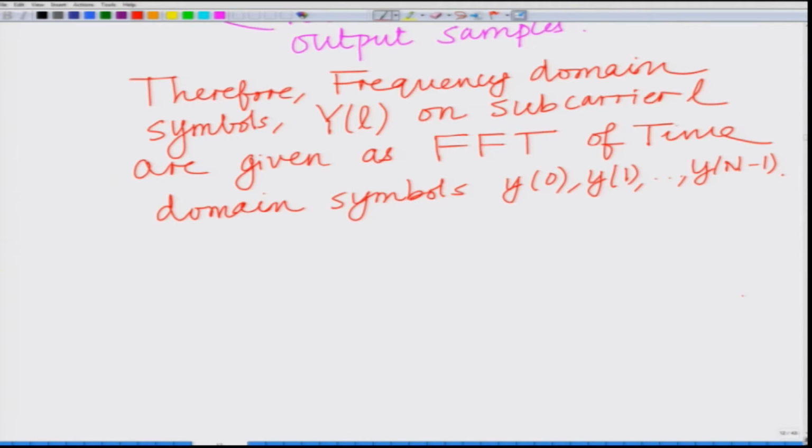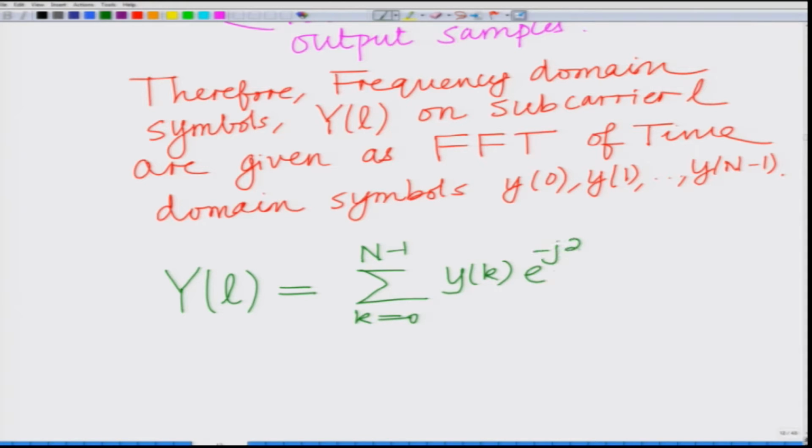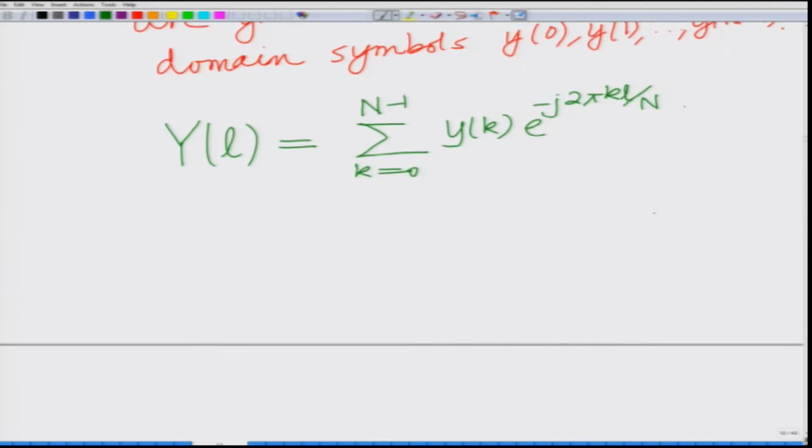Therefore, we have YL equals summation k equal to 0 to n minus 1 of yk e to the power of minus j 2 pi kl over n.